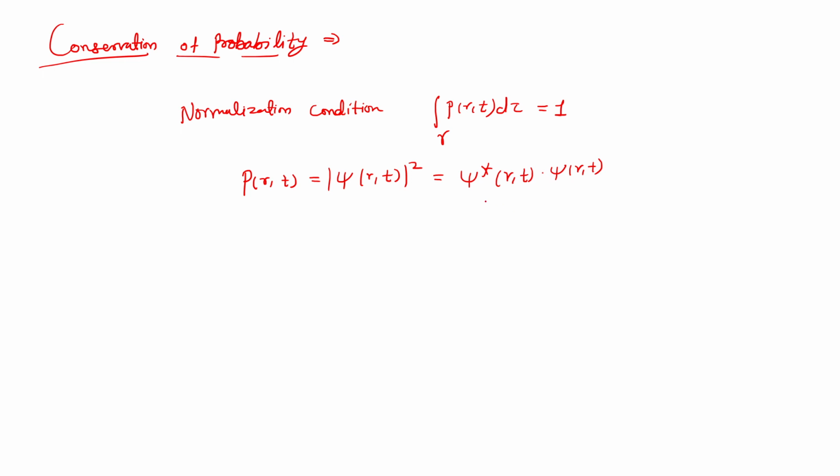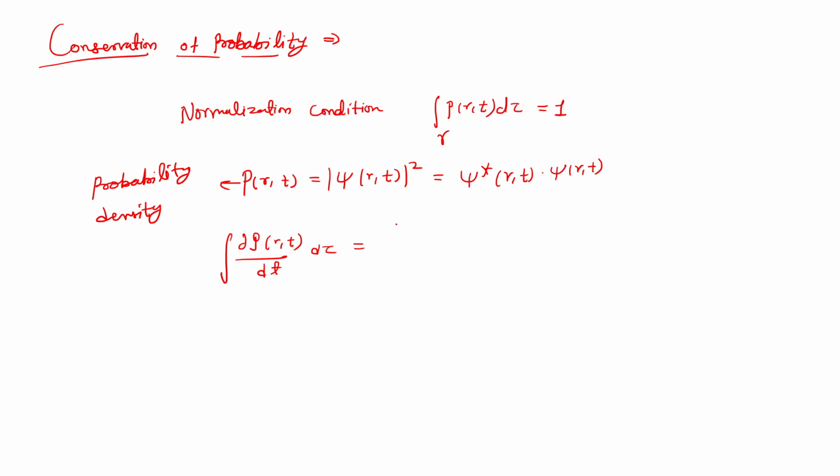Now if we differentiate this system with respect to t, what will happen? This is our probability density. Now if I integrate, here we have psi star(r, t) and psi(r, t) on the other side.